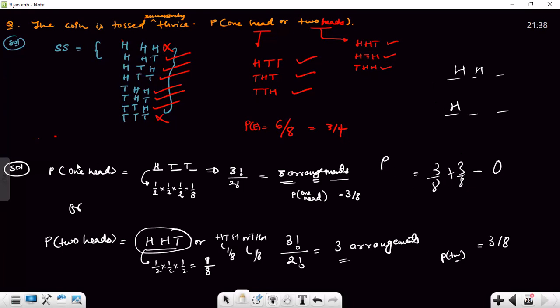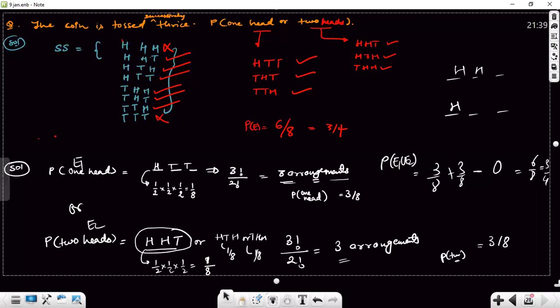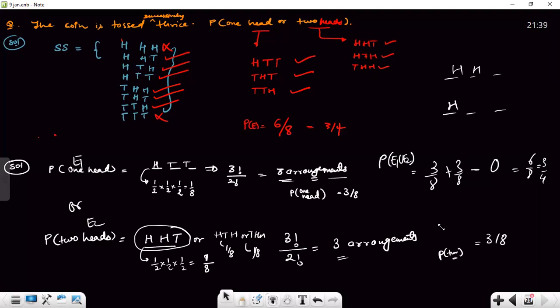So the probability of event 1 or event 2 is 6 by 8, which is 3 by 4, which is our answer. Is that clear, everyone? Yes, sir. So the fundamental principle of counting is working here also.